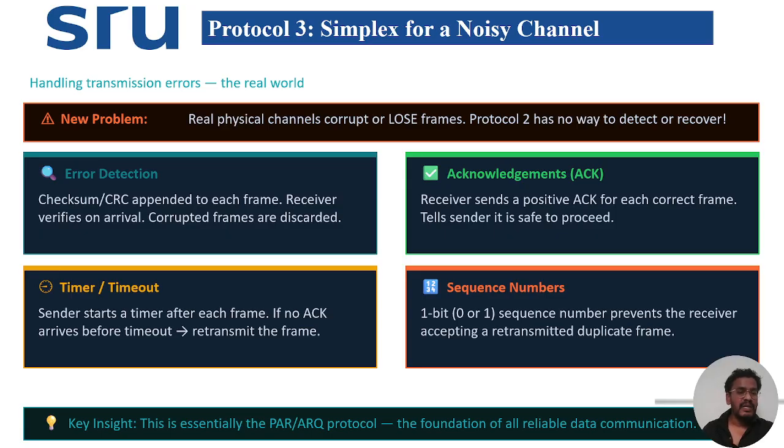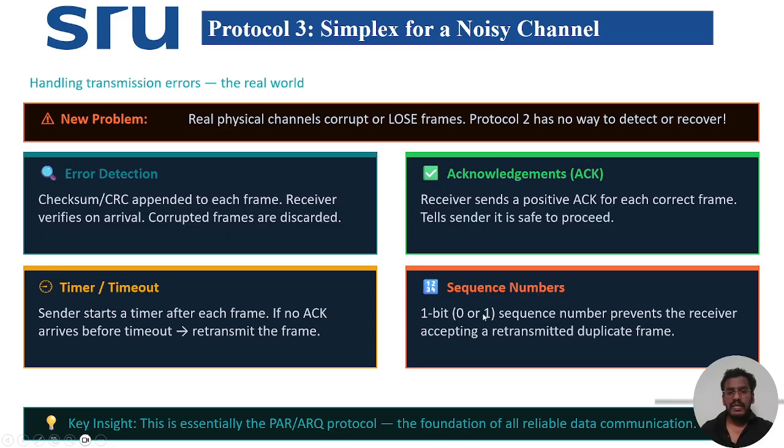If no acknowledgement arrives before the timeout, retransmit the frames. Transferring data takes some time to reach from one end to another. If no acknowledgement arrives in that particular time, we need to resend the frames.